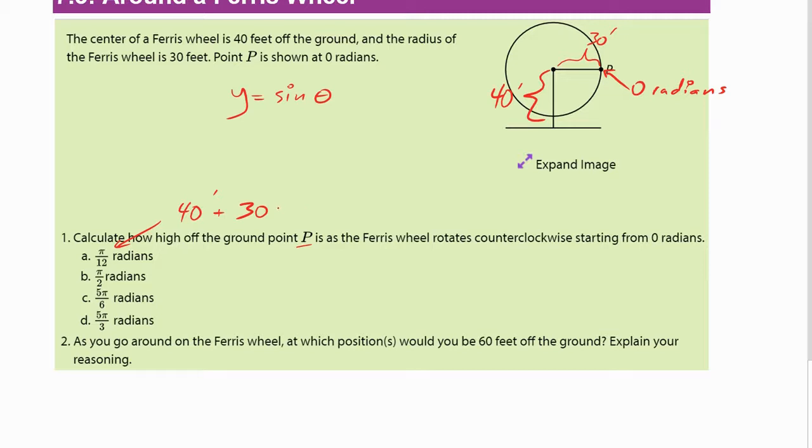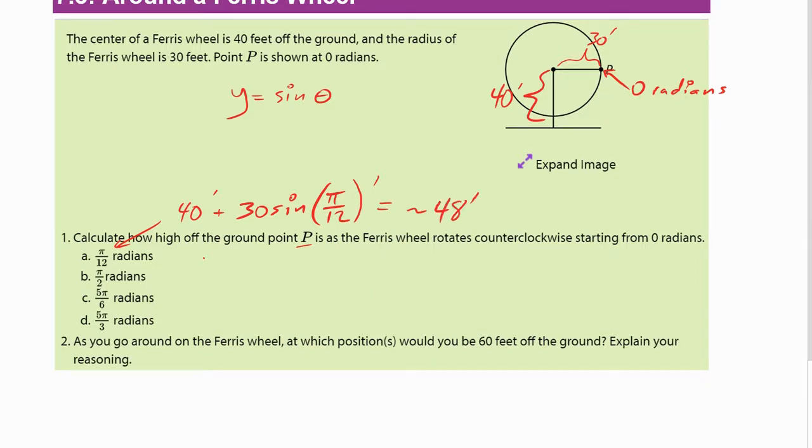So 30 feet, for our scale factor, times sine of pi twelfths, and that's all in feet. Go ahead and try to figure that in the calculator and see what you get. Okay, so hopefully you type this in the calculator, and you should get about 48 feet.